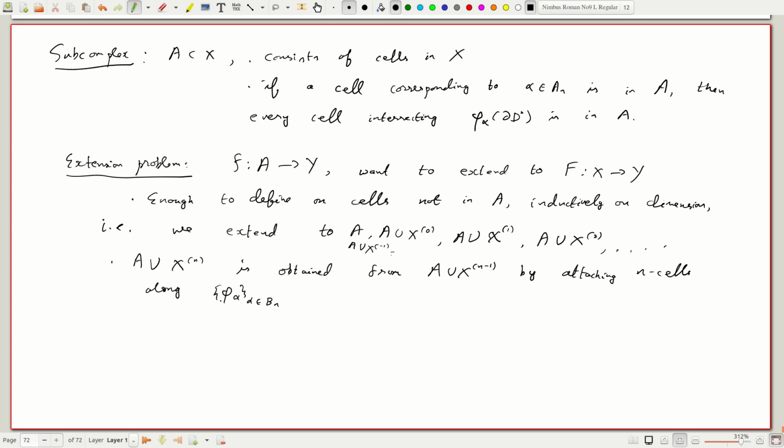Okay, it's indices that are not in A, so I'm giving it a different name. So what does this get us? It gets us something very easily, and then much more to come. So we are going to frequently have this situation. We want to define maps on CW complexes. That's the power. We can define them inductively on cells.